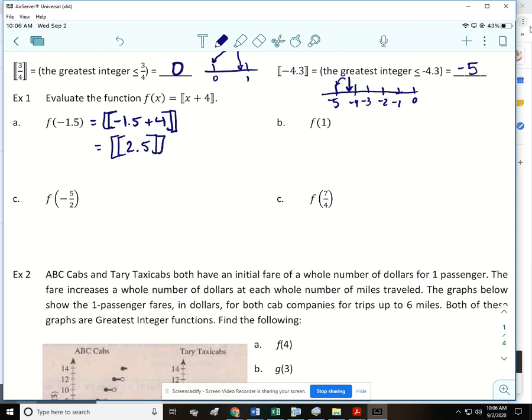And the greatest integer less than or equal to 2.5 is 2. All right, for b, we'll put 1 in. All right, inside the brackets, we should get 5. And the greatest integer less than or equal to 5 is 5.